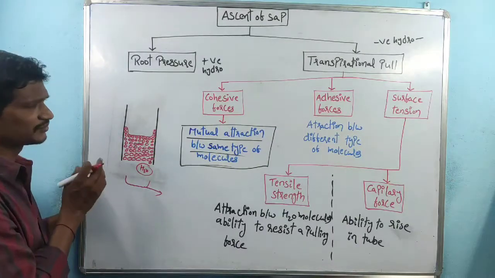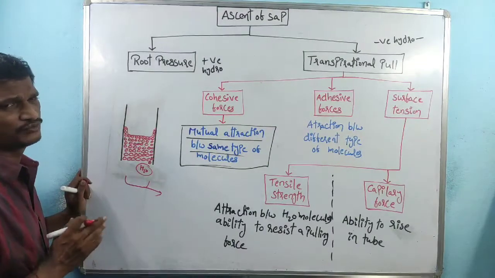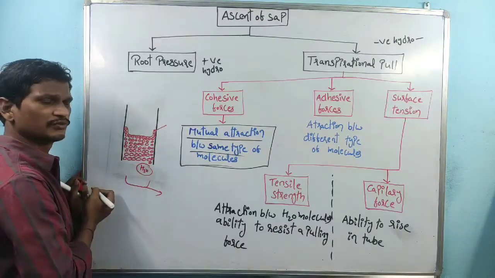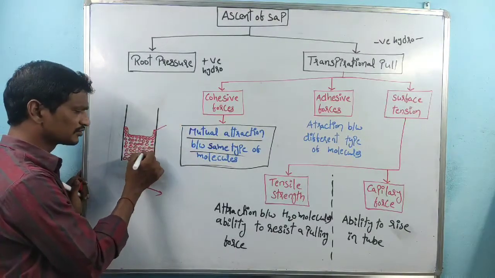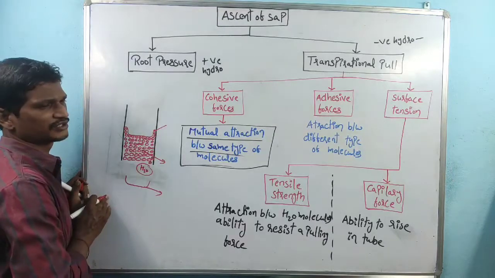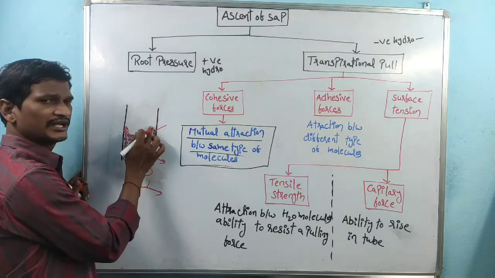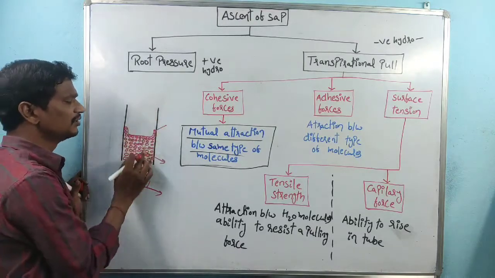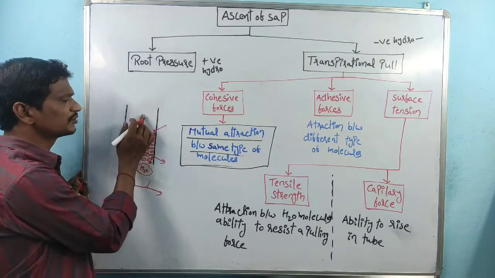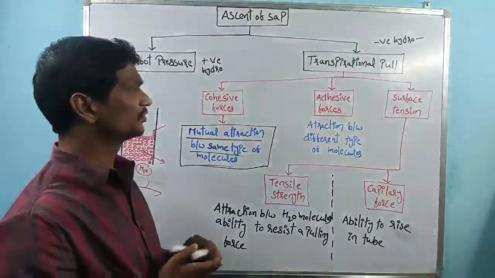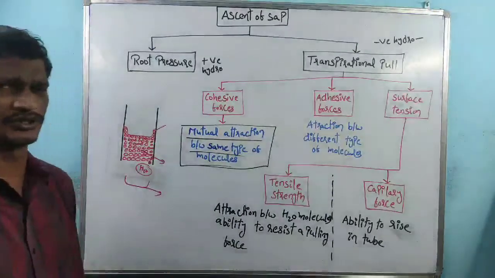That explains adhesive forces. Adhesive forces support the transpirational pull, and the cohesive forces also support it. The adhesive forces move initially, followed by the cohesive forces. That is about the adhesive forces.